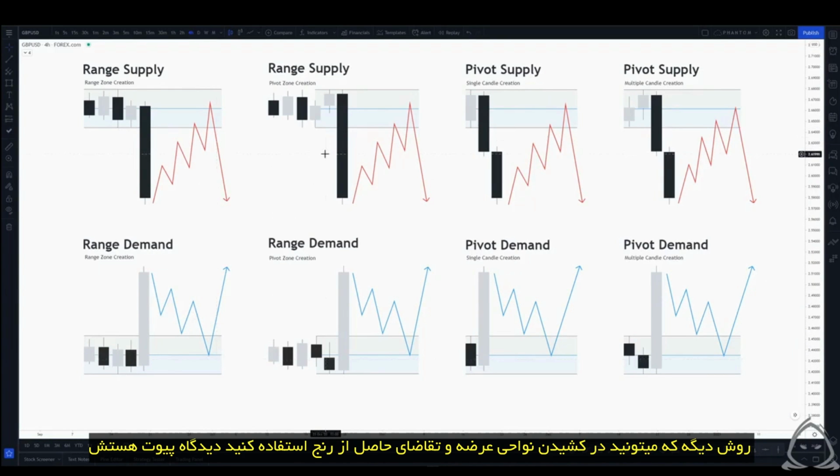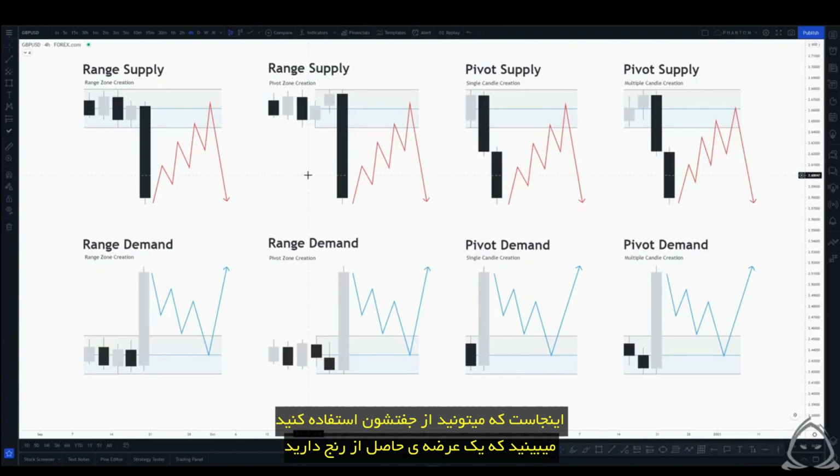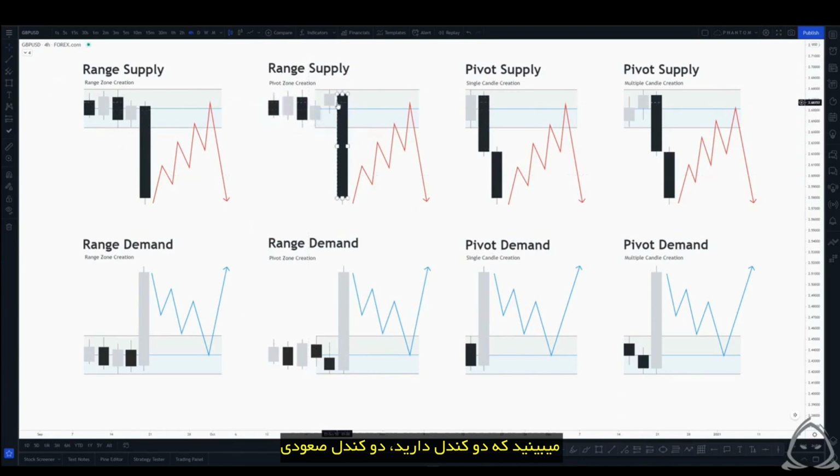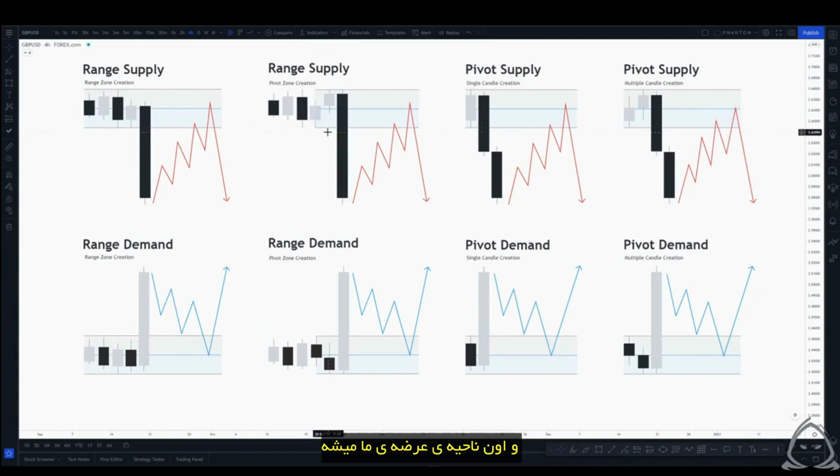Another way that you can draw range-bound supply and demand, also using the concept of pivot supply and demand, and this is where the two can be interchangeable, is when you have that overall range in supply, what you can see is we have two up candles, and then we have this massive move to the downside. We can draw our supply zone using these two bullish candles before the large move to the downside, and that would build up our supply zone.